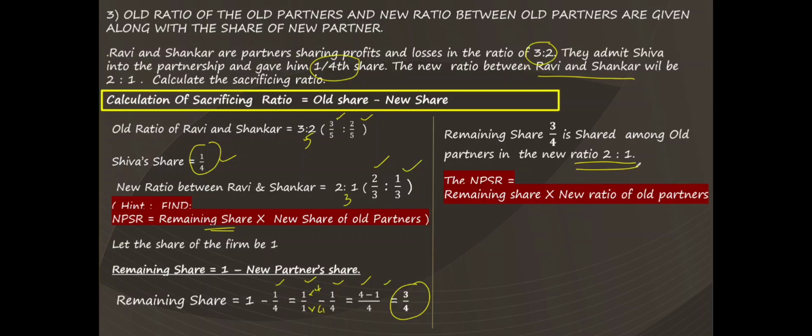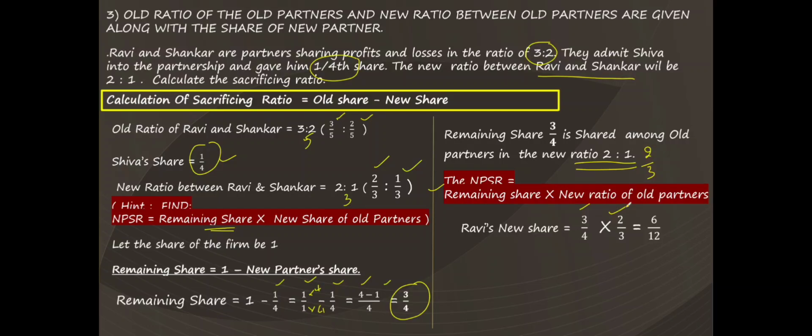Here Ravi's new share will be equal to the remaining share 3/4 into the new ratio, that is 2/3, which will be equal to 6/12.